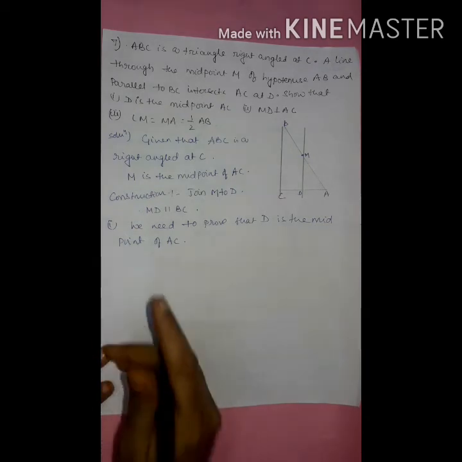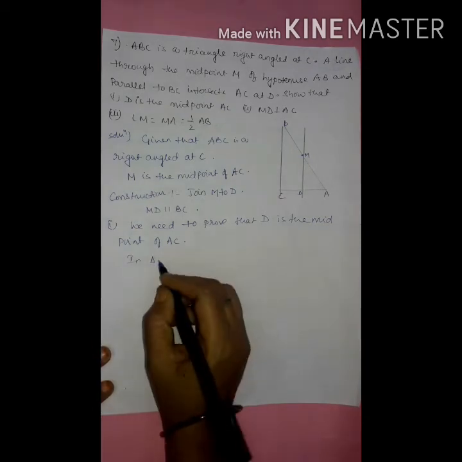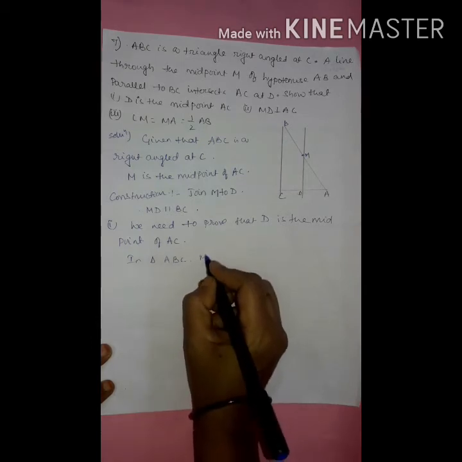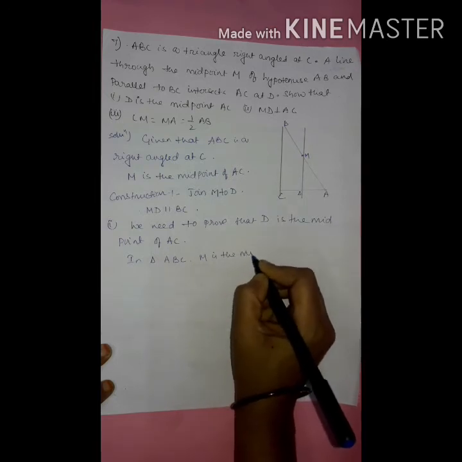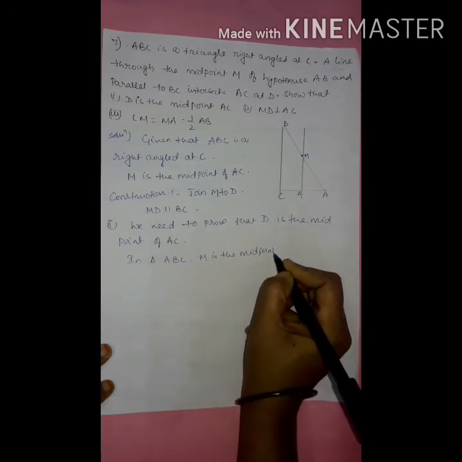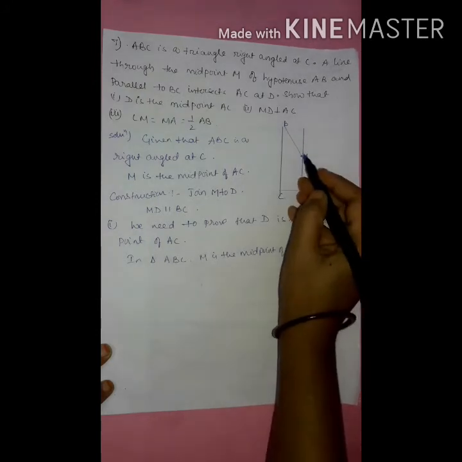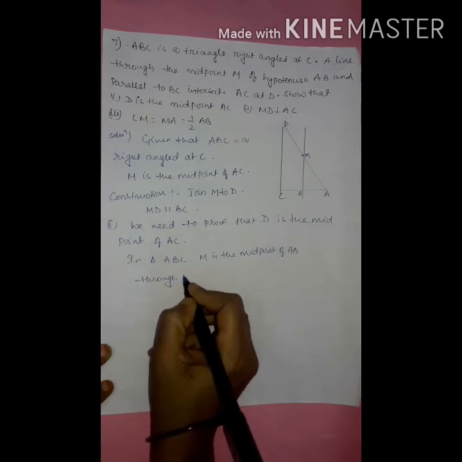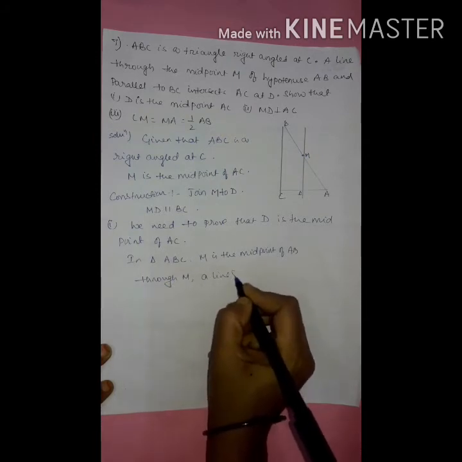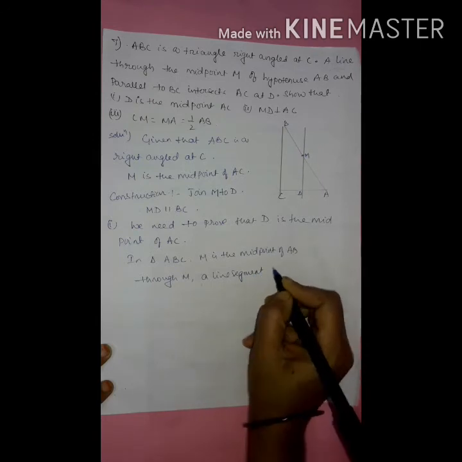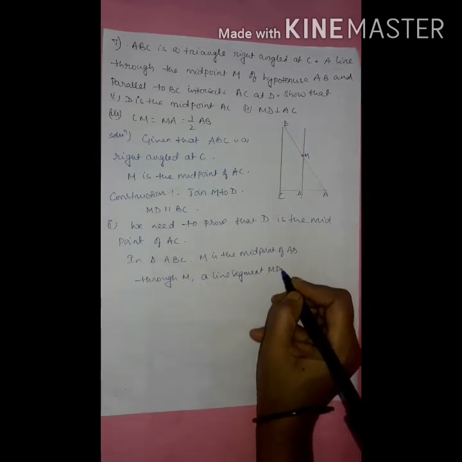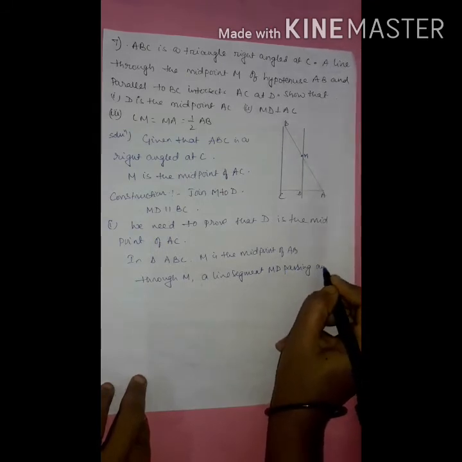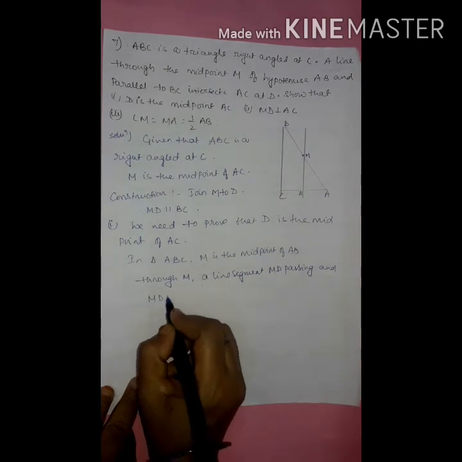So in triangle ABC, M is the midpoint of AB. Through the M, a line segment MD is passing through, and MD is parallel to BC.